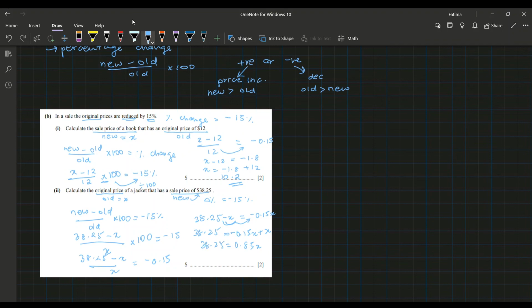Now 38.25 divided by 0.85, because here it's being multiplied, so moving to the left hand side will be division. That's 45. So x is equal to 45, and that is our answer for this part.